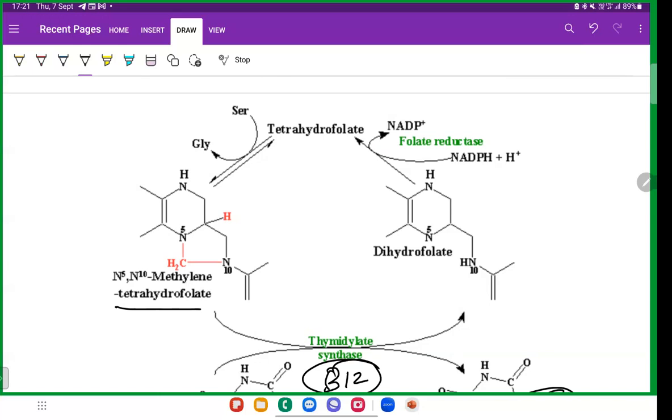For this conversion, what you need is serine getting converted into glycine. What is the difference between serine and glycine? One methyl group. So someone has to donate that methyl group back to the tetrahydrofolate.